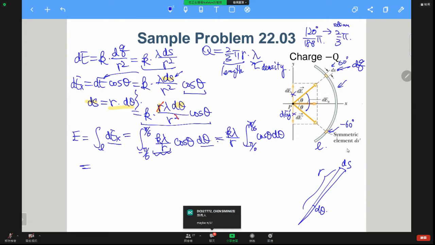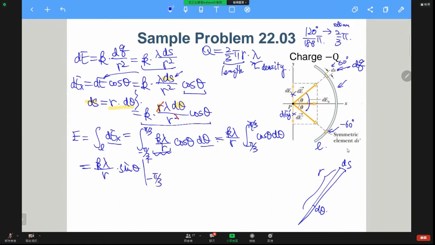Pi over 3, yeah, you are right. Yeah, pi over 3. Thank you. So the antiderivative of cosine theta should be sine theta. So we have k lambda over r, and then times sine of theta, and then evaluate from minus pi over 3 to pi over 3.